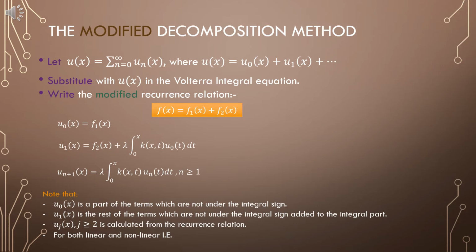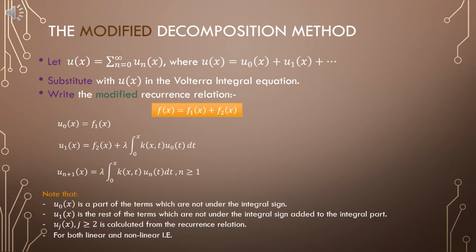Notice that u0 here is just a part of the terms which are not under the integration sign, and u1 of x is the rest of the terms that are not under the integral sign added to the integral part.